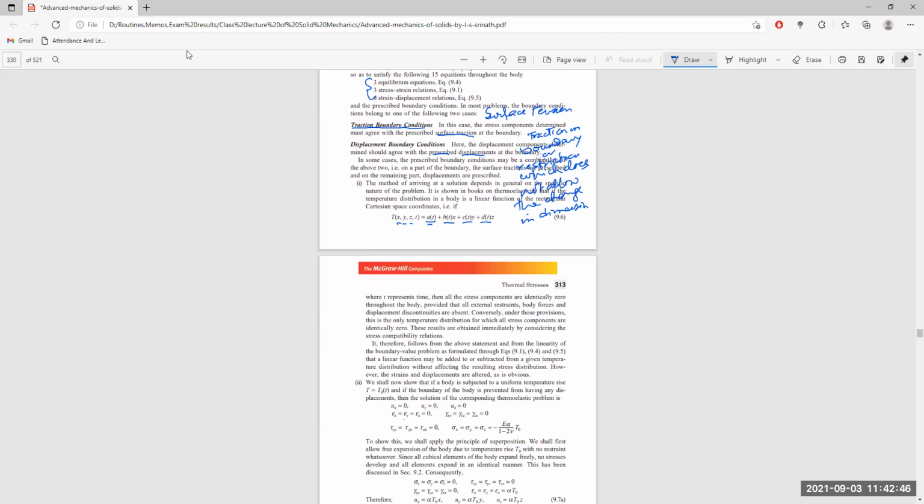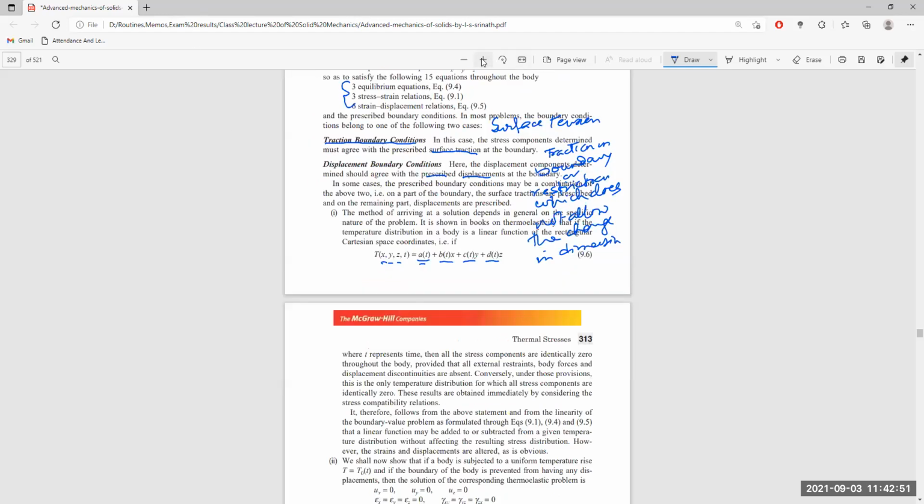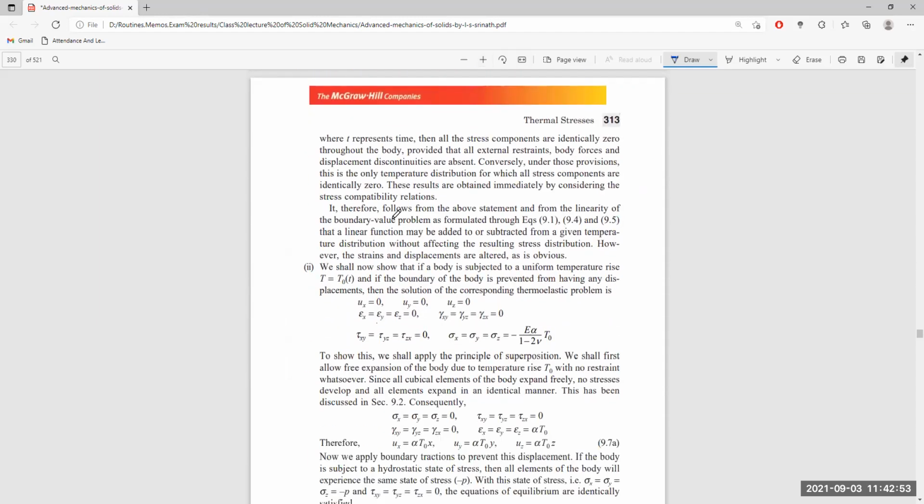Now, when t represents time, all the stress components are identically zero throughout the body, provided all external restraints, body forces and displacement discontinuities are absent.